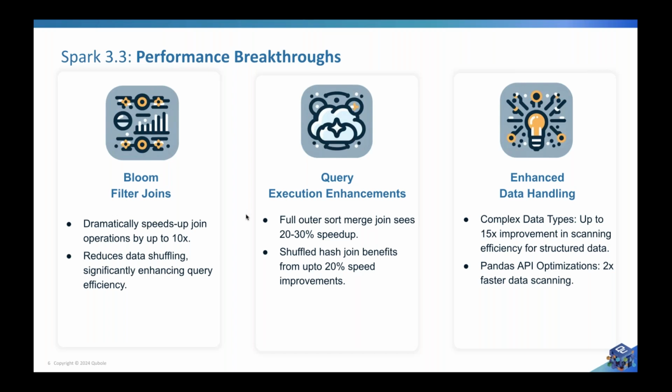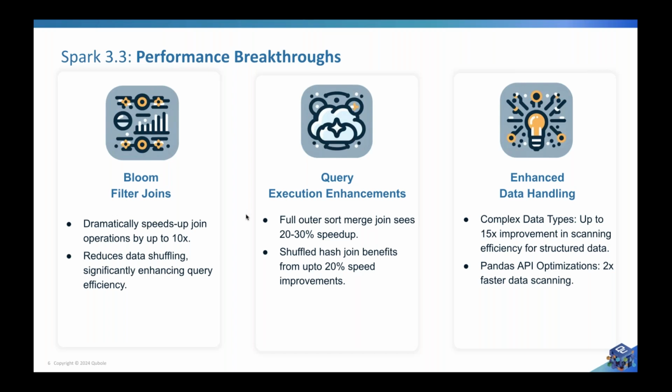What we are trying to cover is the high-level, important performance breakthroughs and features, six of them to be frank. As I said, you can anytime visit the Spark release notes and you'll get the whole list. Now let's talk about Bloom filter joins.